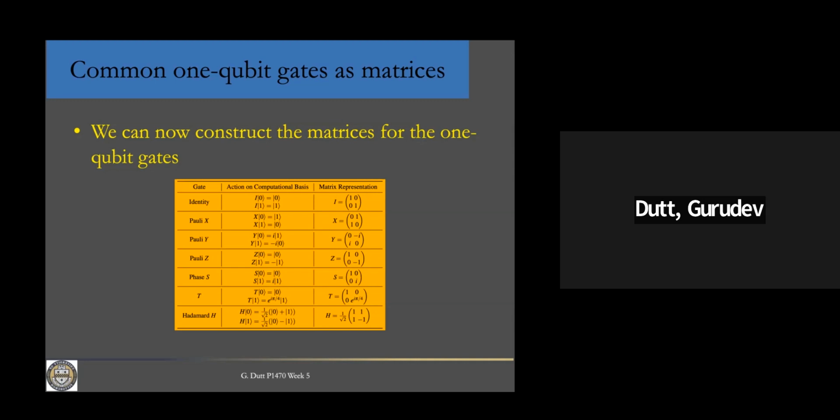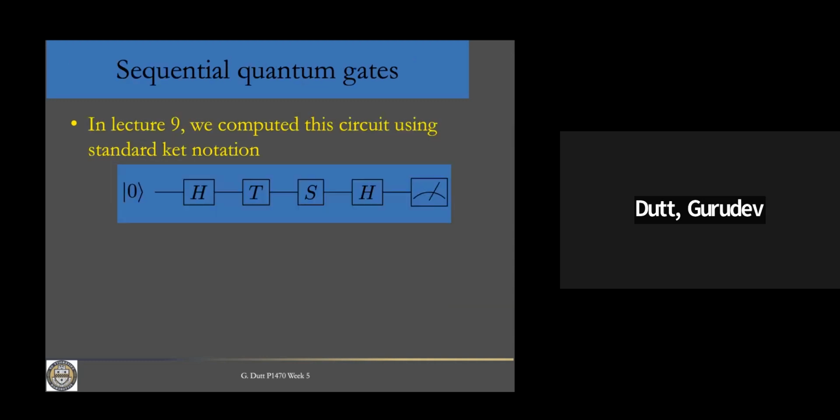And then S is 1, 0, 0, i. T is the same as S, except it's 0, e to the i pi over 4. If we need anything else, that's H, S, T. I think that's it, right?